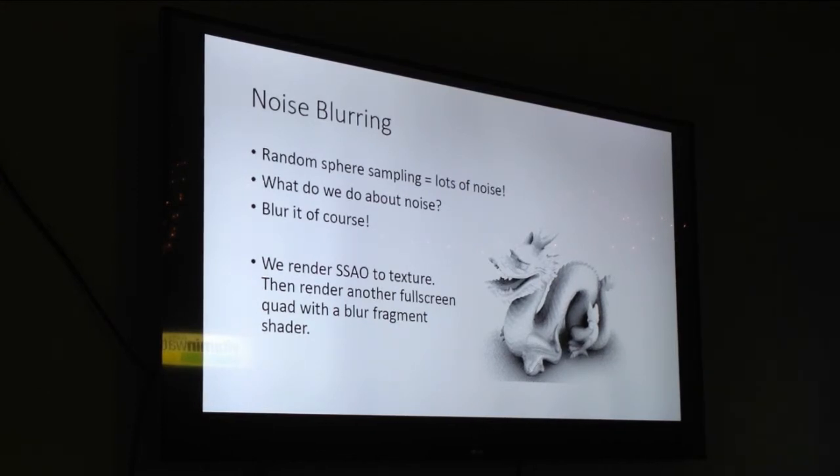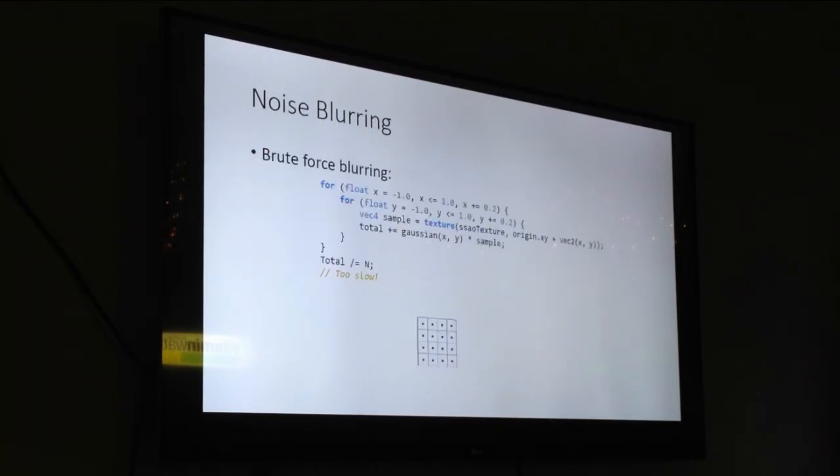Now, what does a blur fragment shader look like? This is the easiest blur fragment shader. Just loop every X, loop every Y, average everything you see. This gets run at every pixel. This is a fragment shader, which the hardware automatically runs at every pixel. So every pixel looks at its surrounding pixels and takes the average. That'll give us a blur. The problem with this is exactly the problem we started with in the sphere sampling.